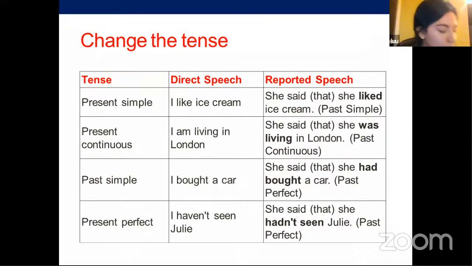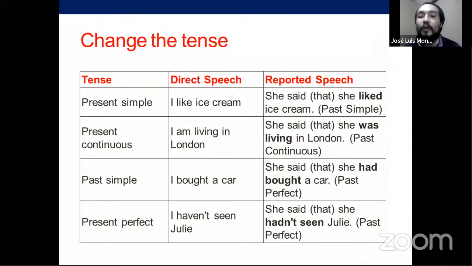And teacher, in my first sentence, how can I change it? Because it is the president declared that we are in a sanitary emergency? And what tense is that? Is that present, past? What do you say, Luciana? Present. Present, exactly. So you have to use past. What is the past of are?